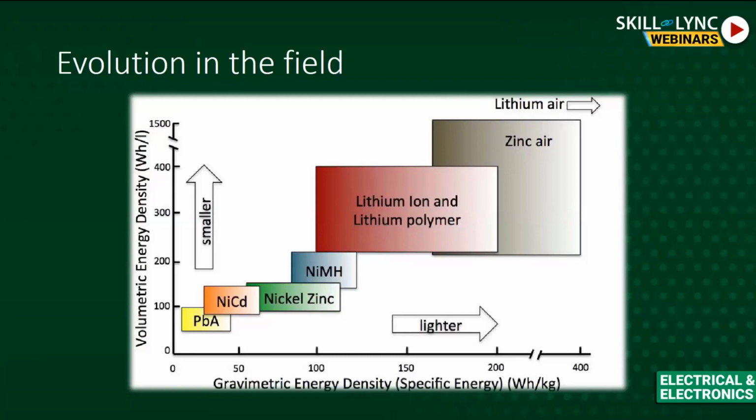Previously a suitcase-size battery was giving me 2 kilowatts of energy. In future a wallet or pocket mobile-size battery will give me 2 kilowatts. On the x-axis, previously 100 kg of battery was giving me 2 kilowatts of energy. Now a few grams, like 100 grams of battery, will give me 2 kilowatts. I'm just exaggerating the figures, but to understand the things.